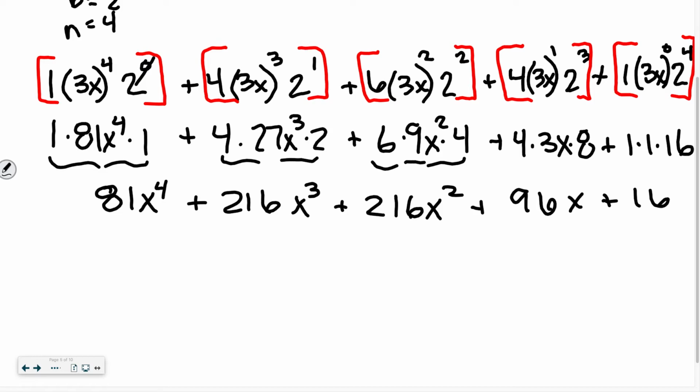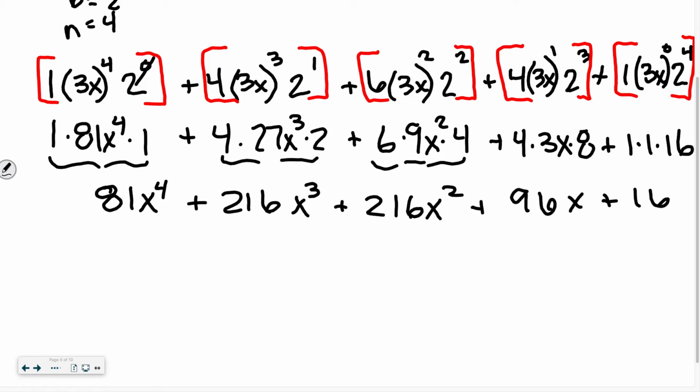Okay, questions, concerns? Where are my numbers coming from? Why am I doing what I'm doing? There are some people who are not with it today. Get on this train. This train is moving down the tracks. Yep. How are you getting the 9x squared?